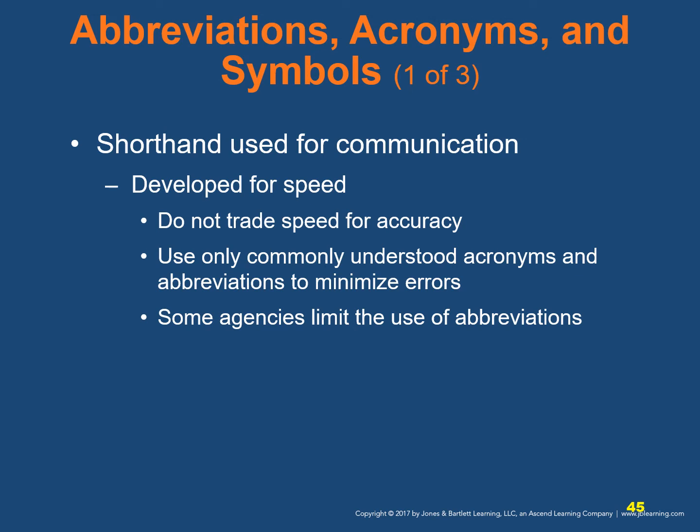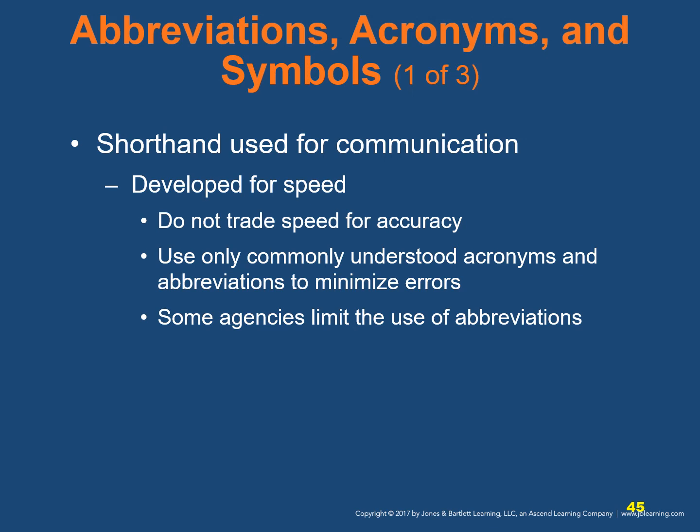For example, SAMPLE, for sample history, is pronounced like the word sample. Or by reading the letters one by one, for example, EMS is pronounced E-M-S, or by a combination of the two. For example, DCAP-BTLS is pronounced "decap B-T-L-S."